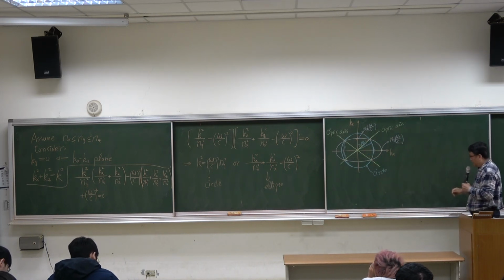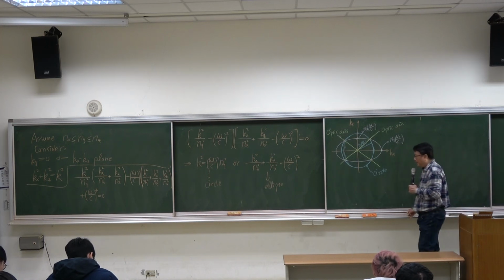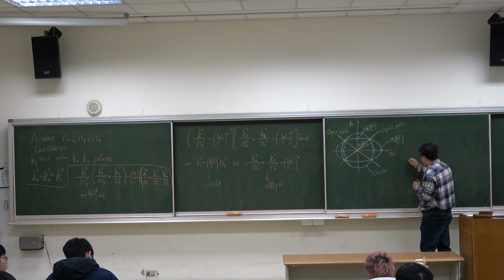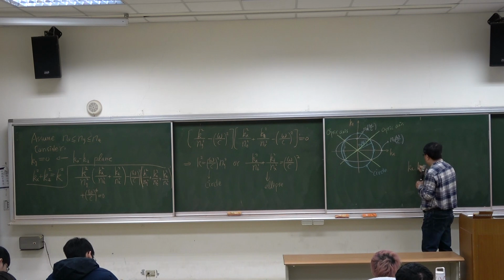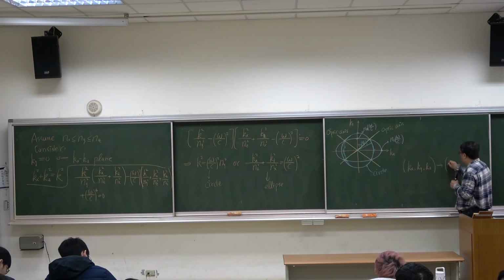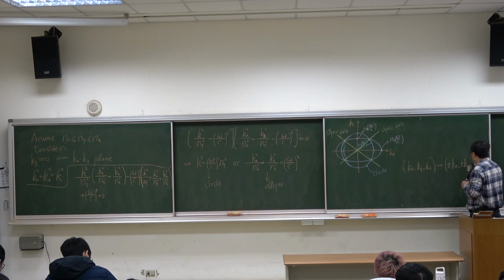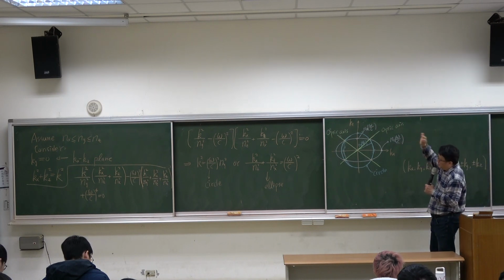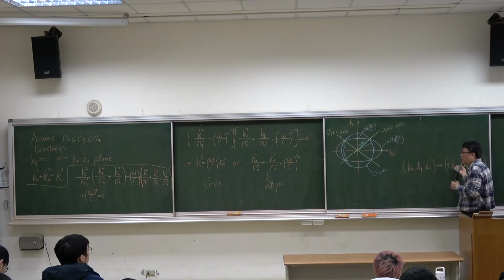Okay, and the double shell structure has the symmetry, means that if we map kx, ky, kz to other octant, we get the same shape.